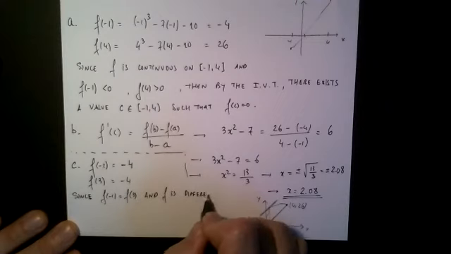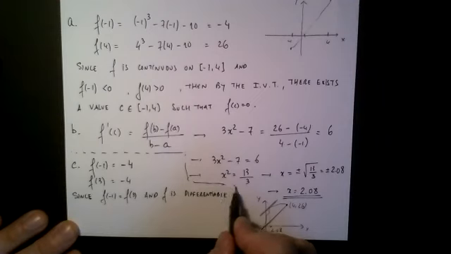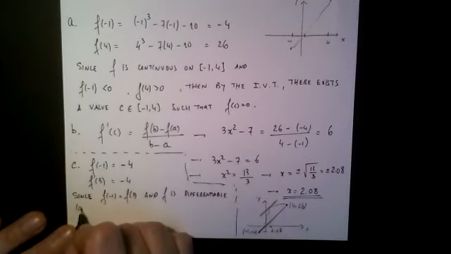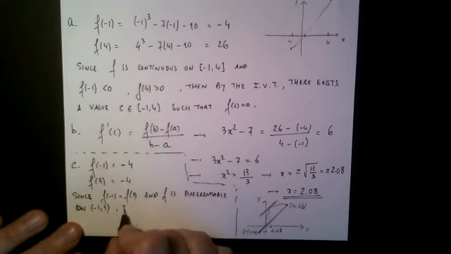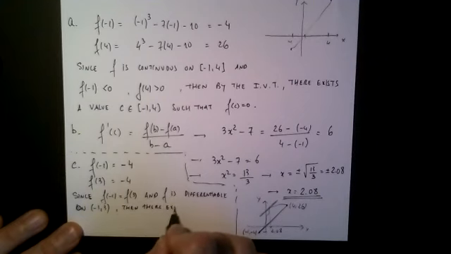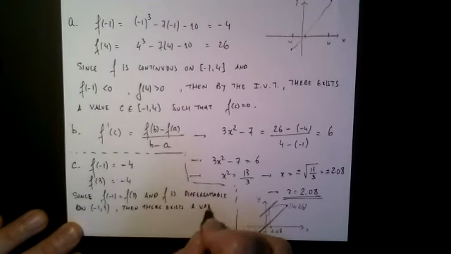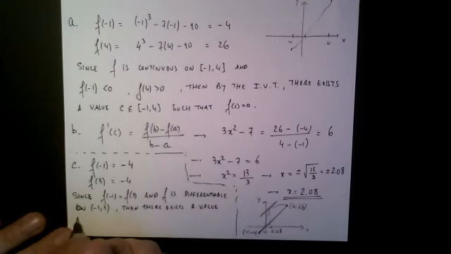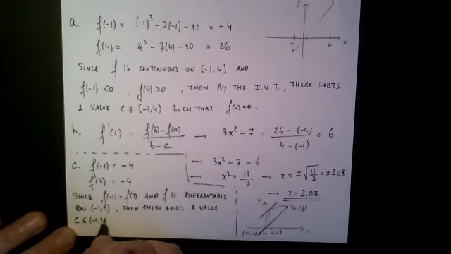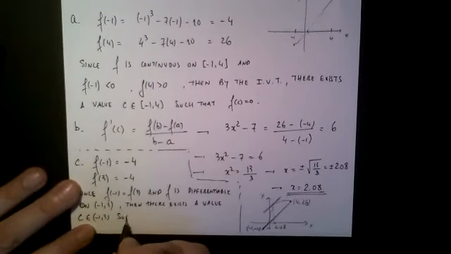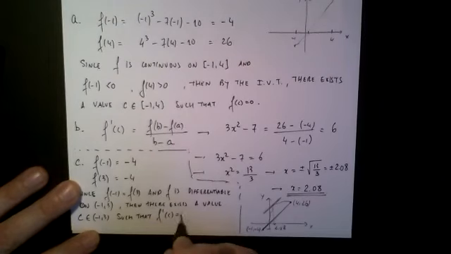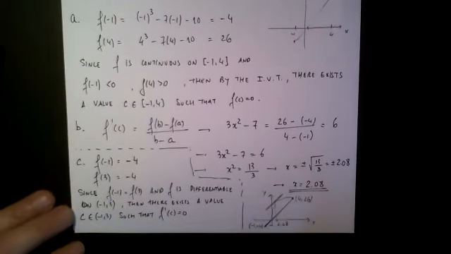The derivative exists on -1, 3, then for sure there exists a value C in -1, 3, such that, sorry, it's a bit small, f prime of C equals 0.